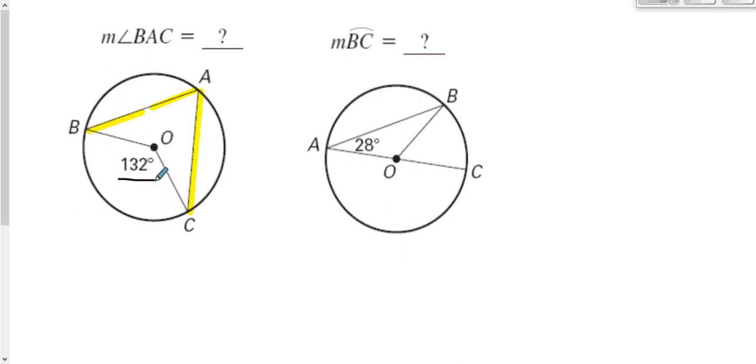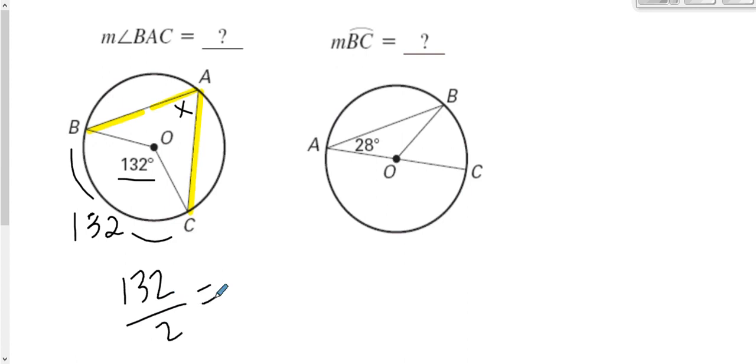The central angle they gave me is 132, which means that the arc is also 132. But I'm trying to find that angle back there, so this arc that's on the outside here is only going to be half as big. Therefore I need to take 132 and divide it by 2, cut it in half. Doing that shows me that that angle is 66 degrees.